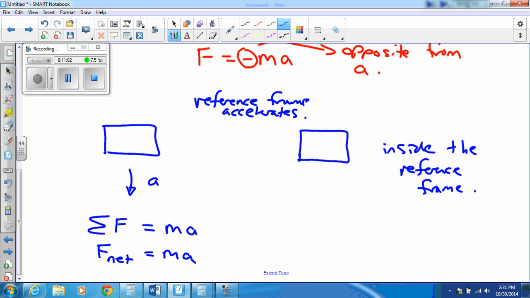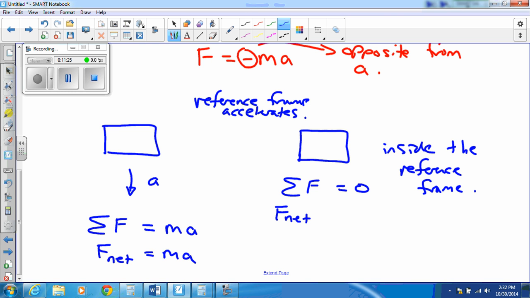Because we are inside that accelerating reference frame, our position is always 0. Our velocity is always 0, and our acceleration is always 0. Right? But now when I do sum of forces, that sum of forces should be equal to 0.